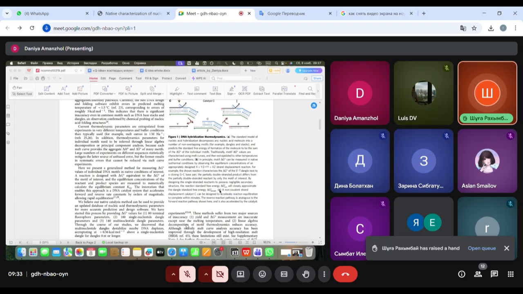I have a question. The article says that multinucleotide dangles destabilize the DNA, asymptoting at 0.56 kcal/mol, above a single nucleotide dangle, for dangles of four or longer. What do these results tell us about the physical behavior of DNA ends?